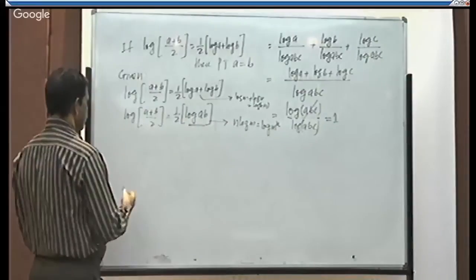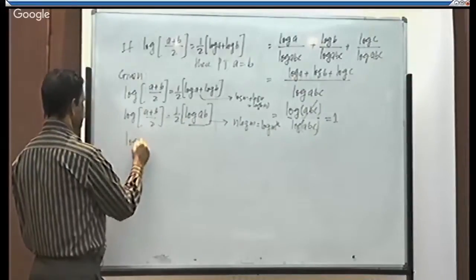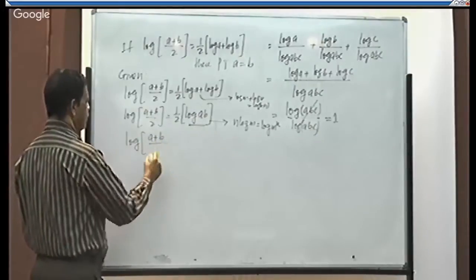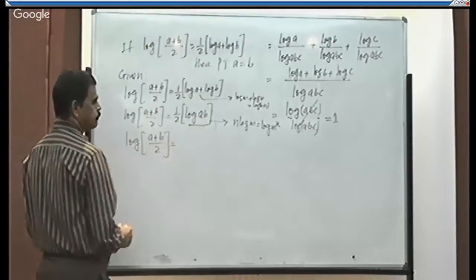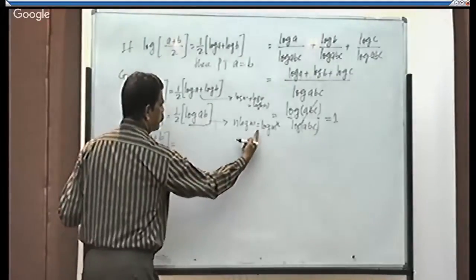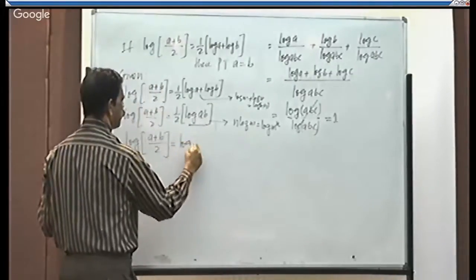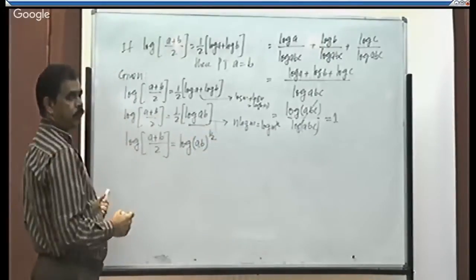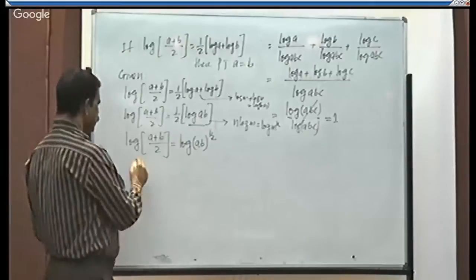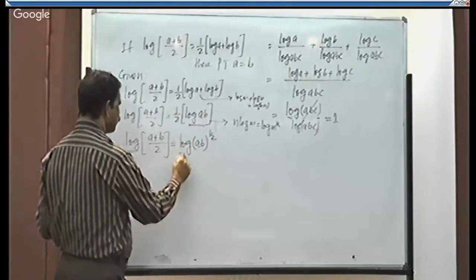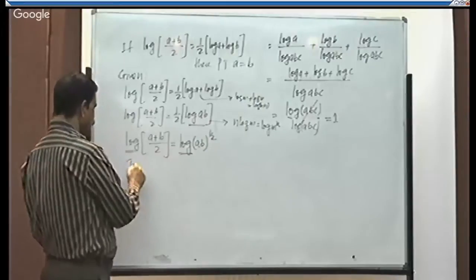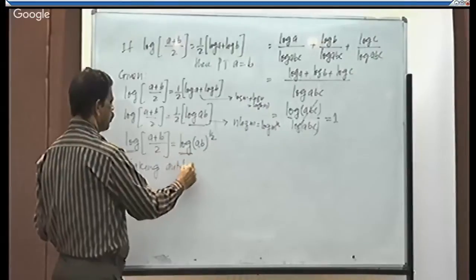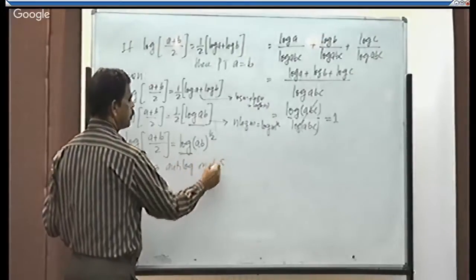So at the left hand side, log of (A plus B) divided by 2 is equal to, according to this law, log of AB to the power of 1 by 2. Both sides are log terms, so we take anti-log on both sides.